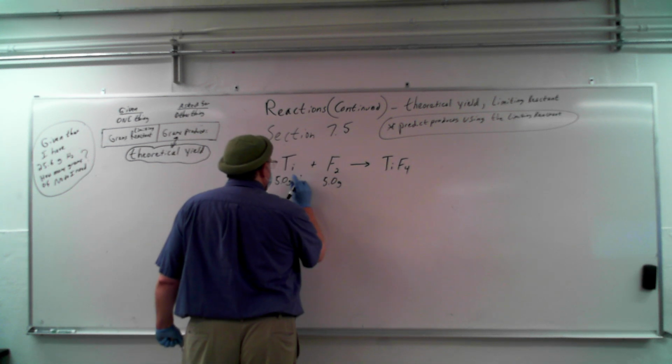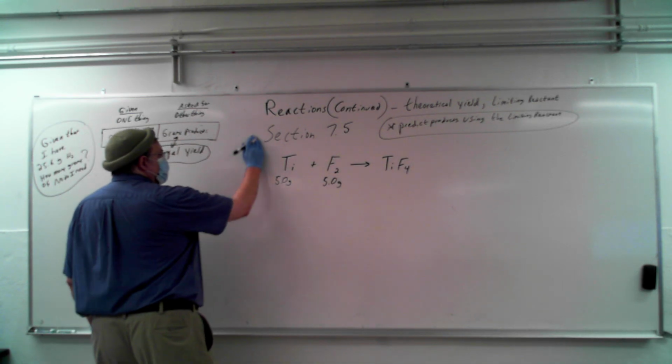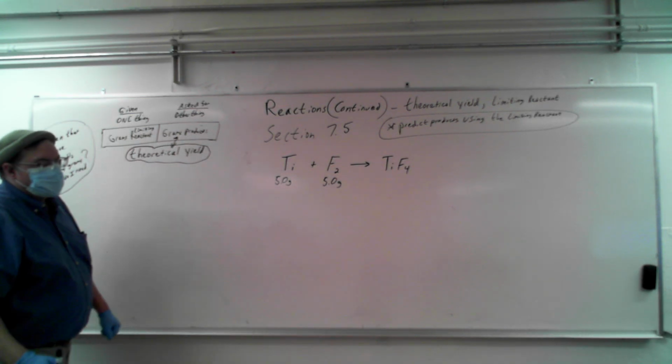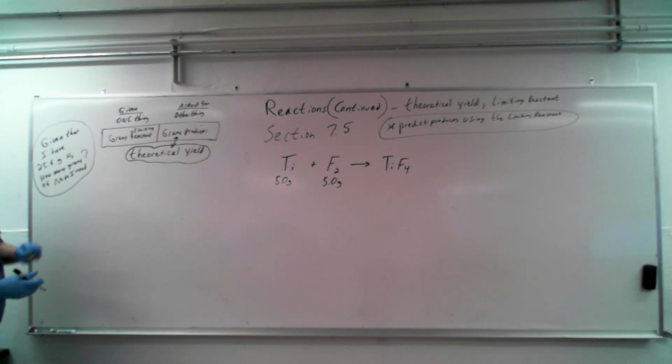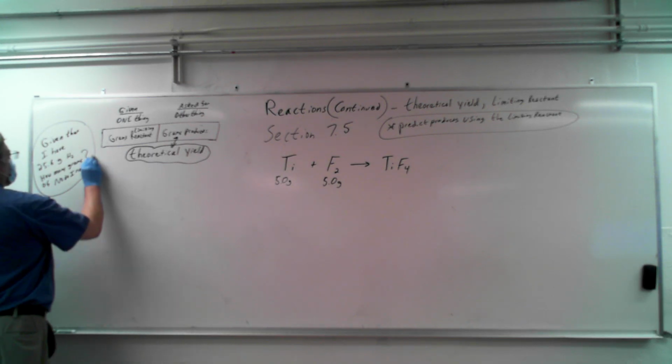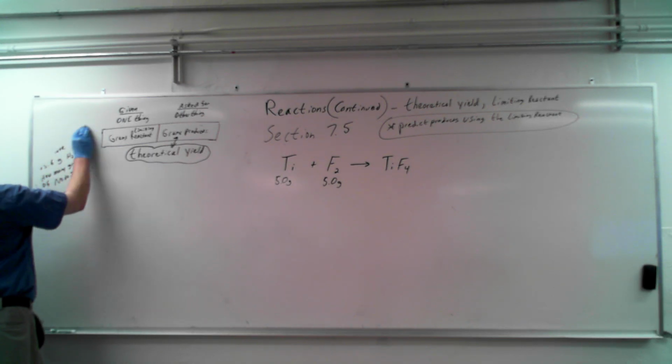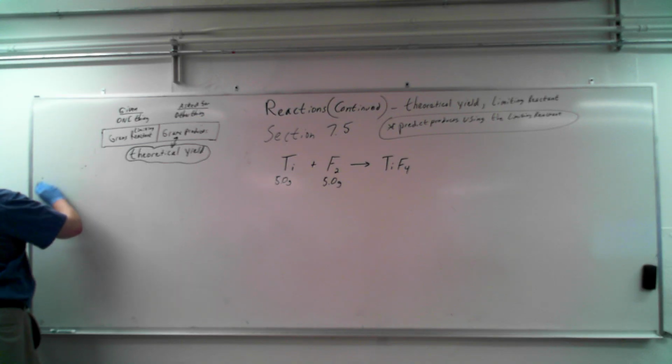And believe it or not, this happens a lot where you mix things not in the perfect stoichiometric amount. All right, so the question is, what is the theoretical yield? That is, how much product?